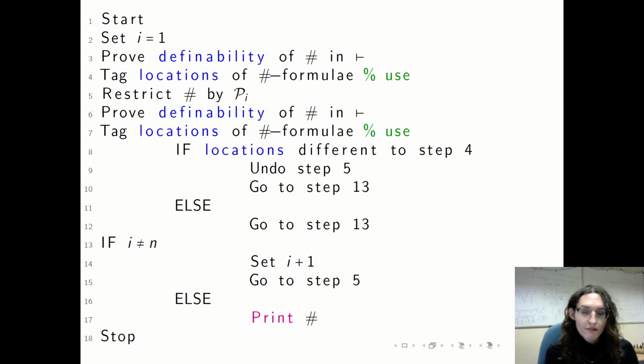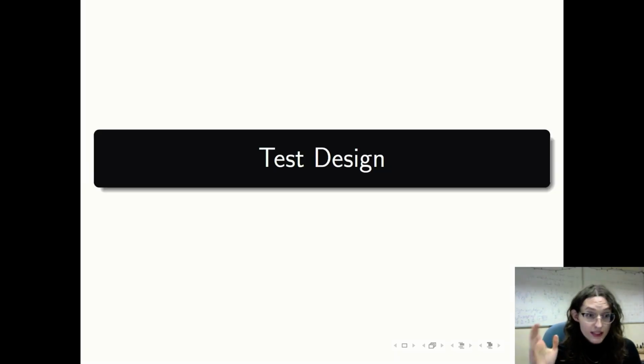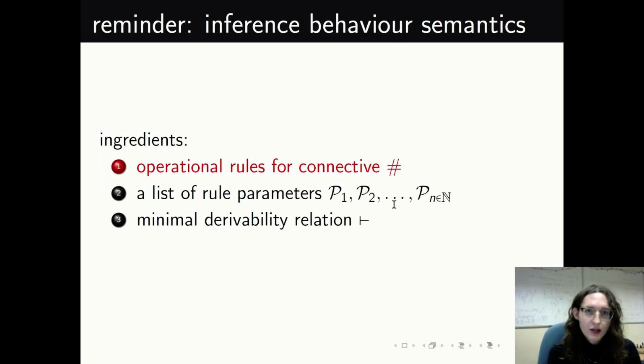Now this was all very fast, so let's go through the same thing again, just much more slowly. So let's start by walking through the design of our test at first. We said earlier that we need 3 ingredients for inference behavior semantics. First, we need a connective as defined by its operational rule.